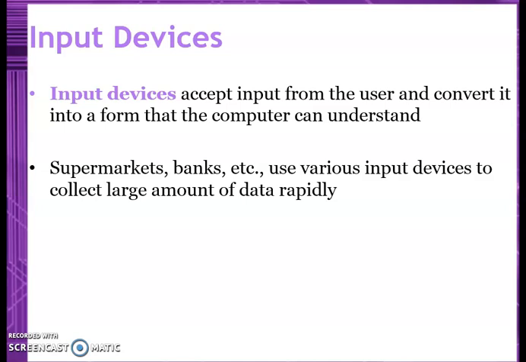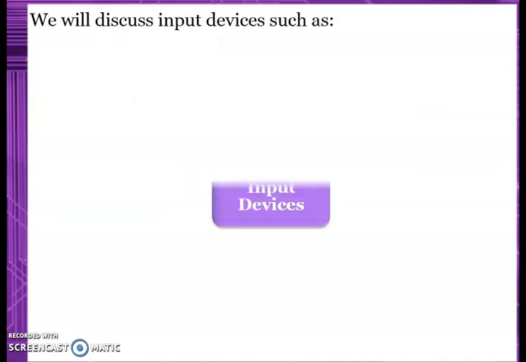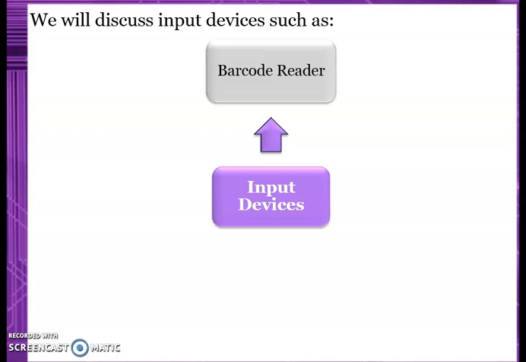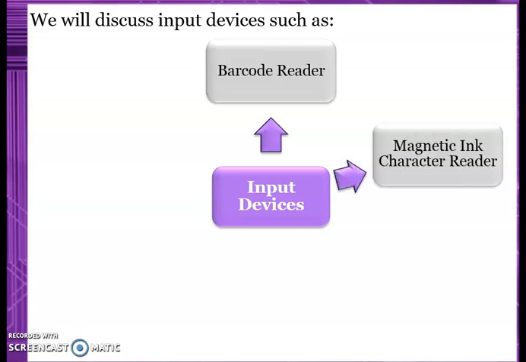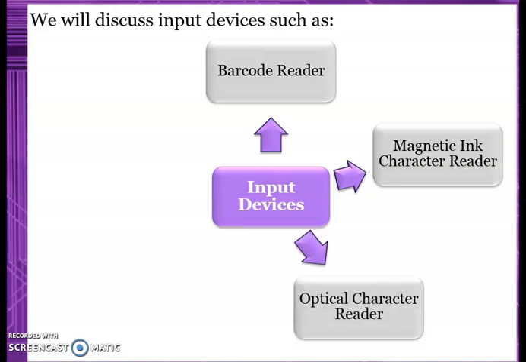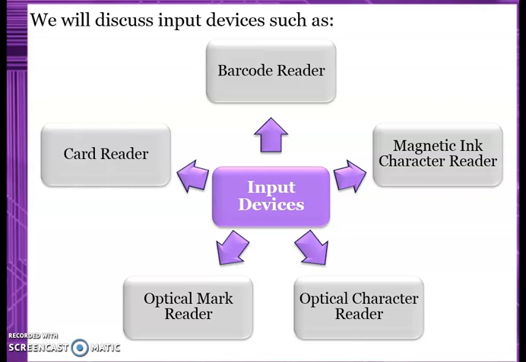Supermarkets, banks, and different organizations and shops use input devices like the barcode reader and card reader. Among input devices, you have the barcode reader, magnetic ink character reader, optical character reader, optical mark reader, and the card reader. These are examples of your input devices.